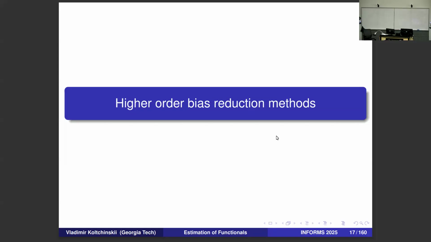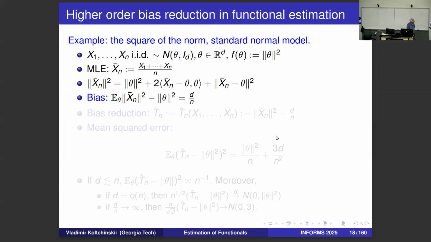Let's look at a very simple example which makes clear what is happening here. We will look at i.i.d. observations sampled from the standard normal distribution in R^d with unknown parameter theta. The functional of interest is the square of the norm of theta, just the Euclidean norm.